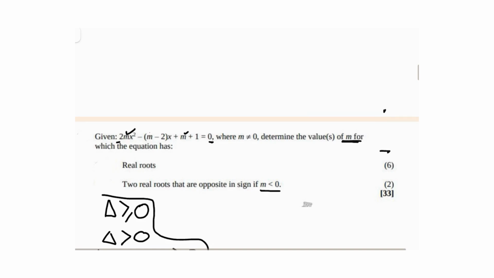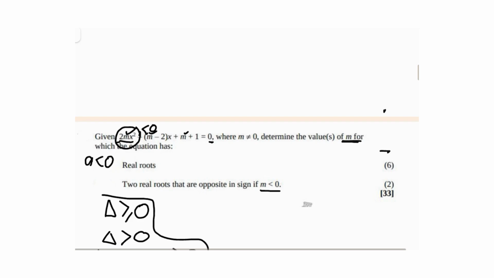But our main interest now is, if m is less than 0, it means this m there is going to be negative, which is going to make the whole 2mx squared negative, meaning because it represents a on a parabola, we have a less than 0. So it's going to make this whole part less than 0.